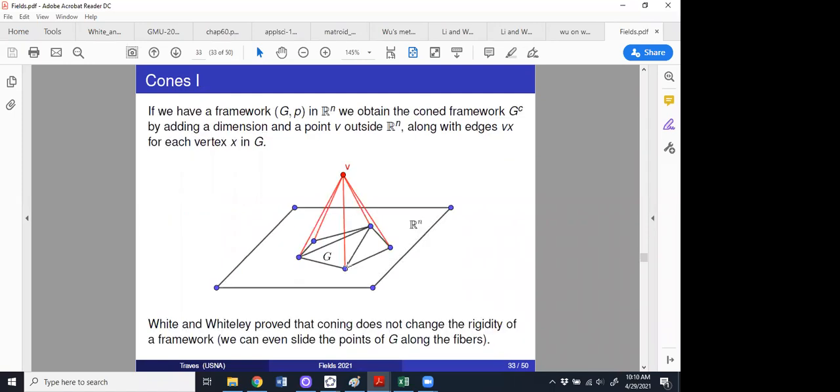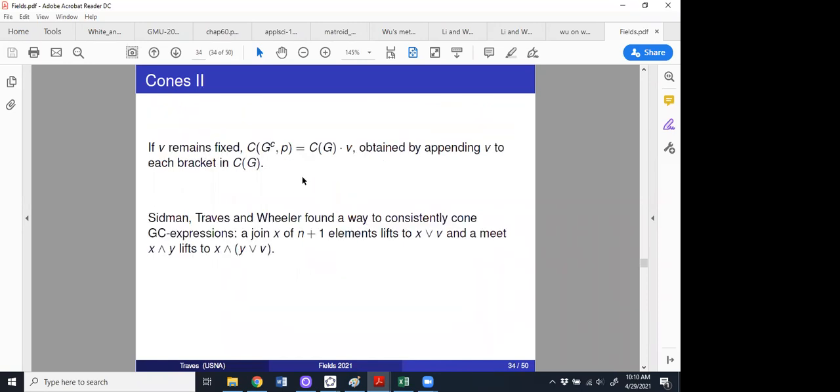Okay, so I guess what I want to do next is address how coning changes the pure condition, and it's very simple. If you've got the pure condition of your framework G in Rn, and you want to find the pure condition for the coned setup, then all you have to do is, in every bracket appearing in CG, tack an extra V inside that bracket.